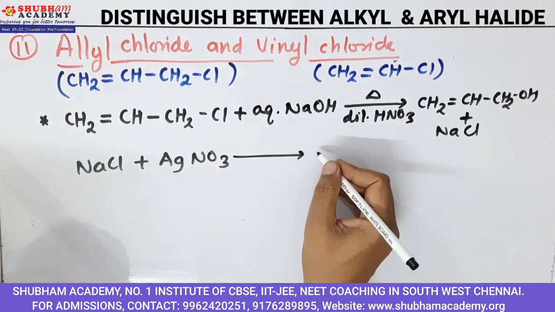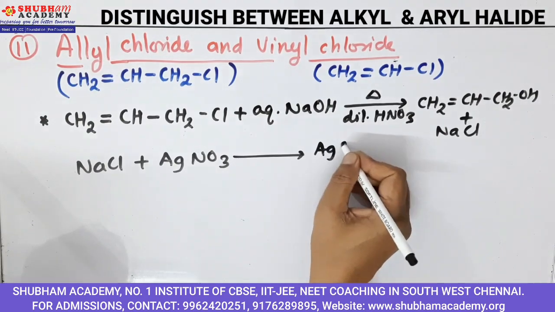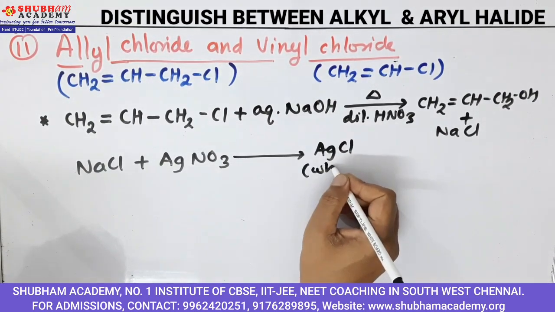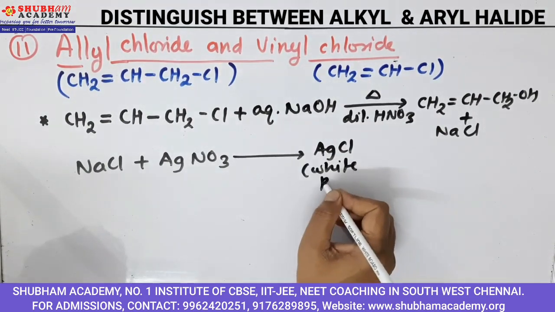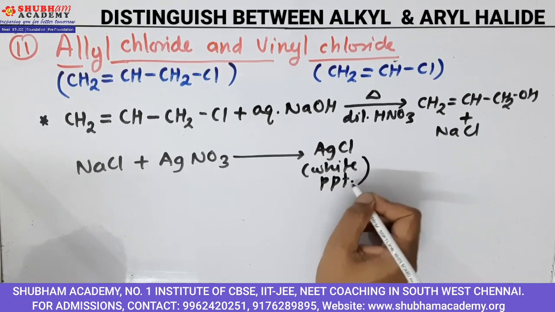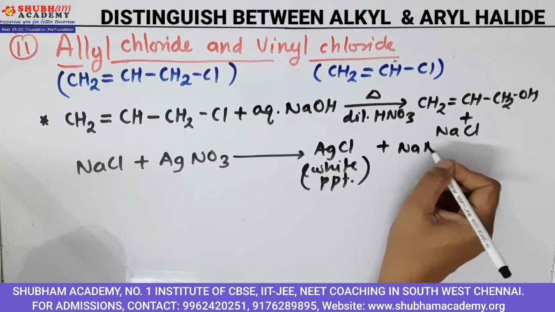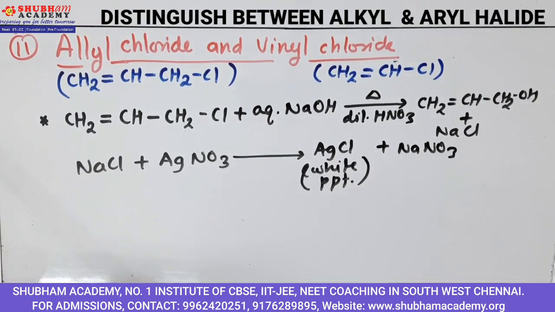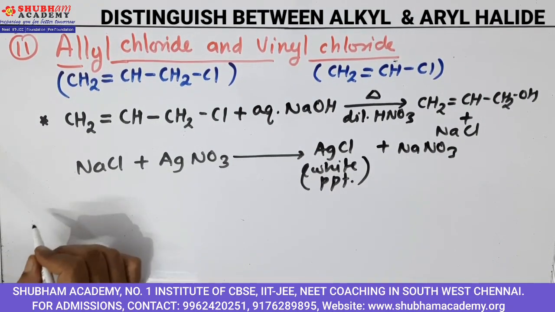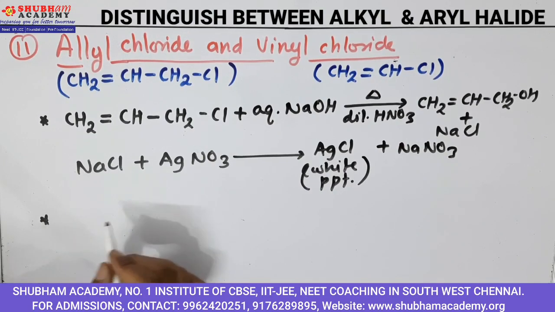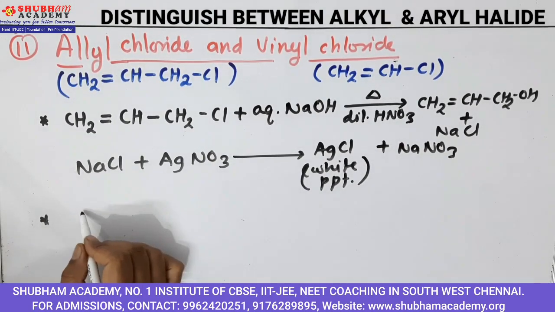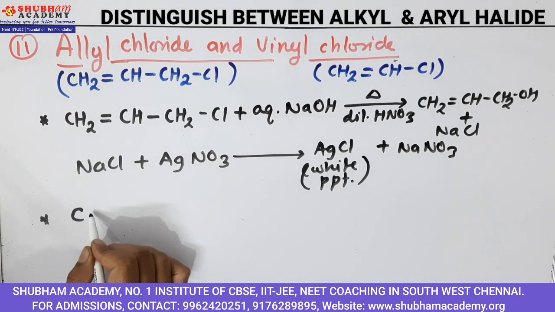So what will you get? AgCl, white precipitate, plus NaNO3, right. Now for vinyl chloride, same as what we did previously.